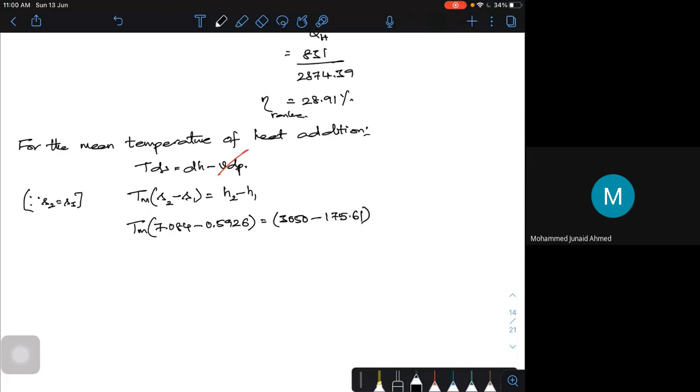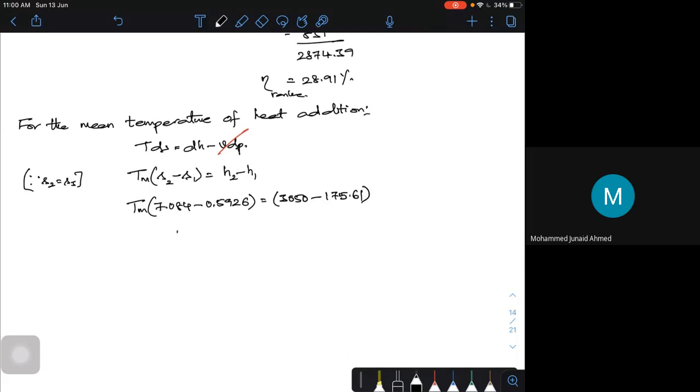Otherwise I should have multiplied 10 to the power of 3 on the right hand side and left hand side. So 2874.39 divided by 7.084 minus 0.5926.